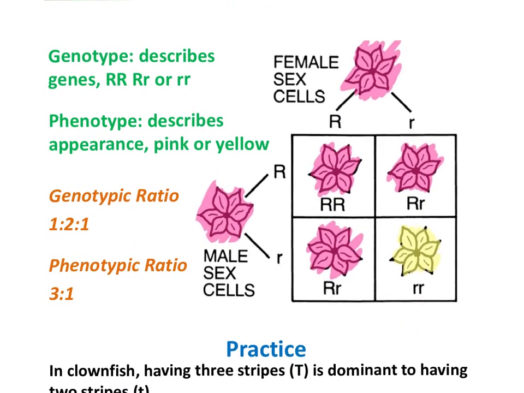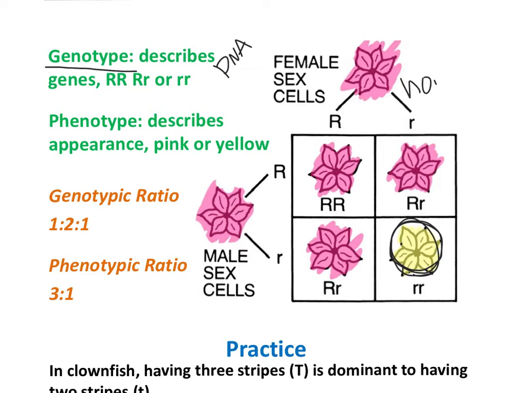So there's a bunch of vocab words for you in this unit, to refresh your memory or maybe show you them for the first time. First one is genotype. When I talk about genotype, I'm talking about the genes, the DNA that's in an organism. So if I were to look at, let's say, this particular flower from the Punnett square, I would say that its genotype is homozygous recessive, meaning little r.